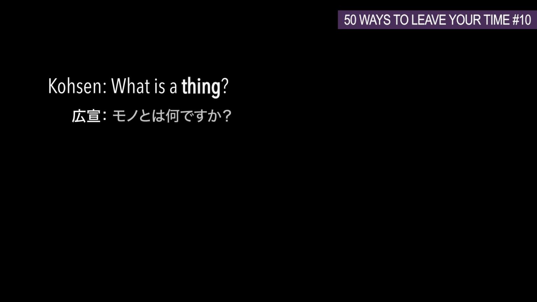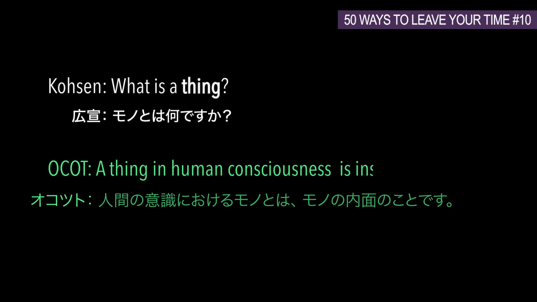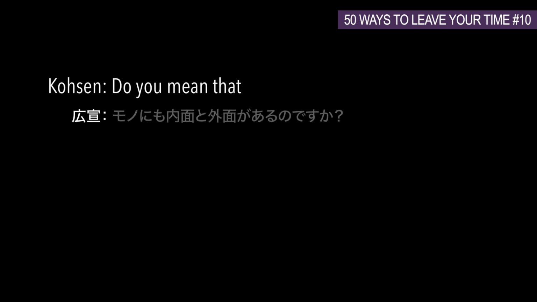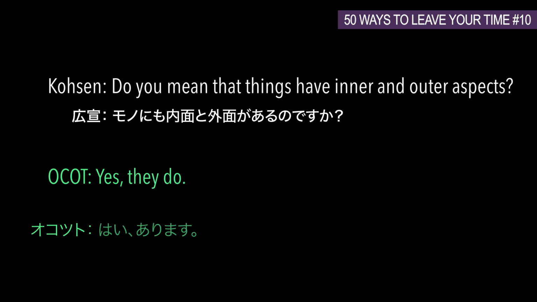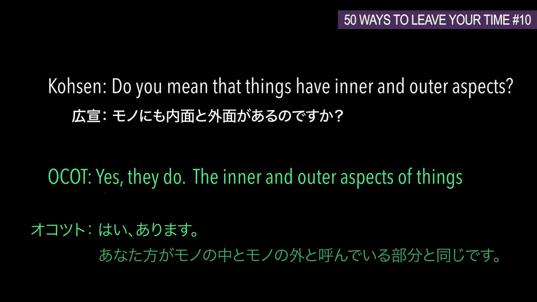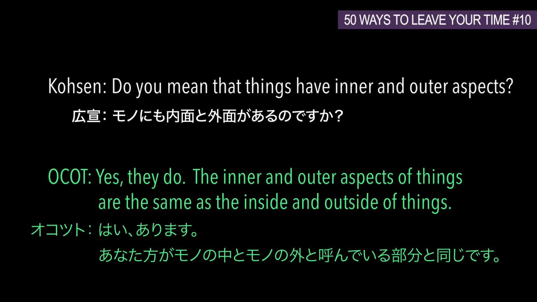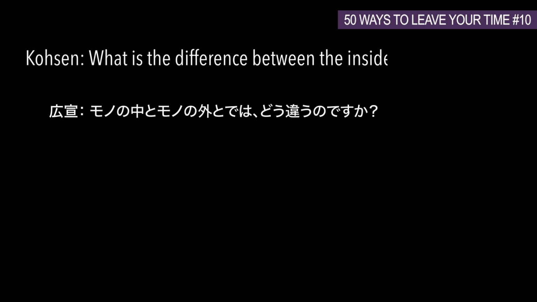What is a thing? A thing in human consciousness is inside a thing. Do you mean that things have inner and outer aspects? Yes, they do. The inner and outer aspects of things are the same as the inside and outside of things. What is the difference between the inside of a thing and the outside of a thing?